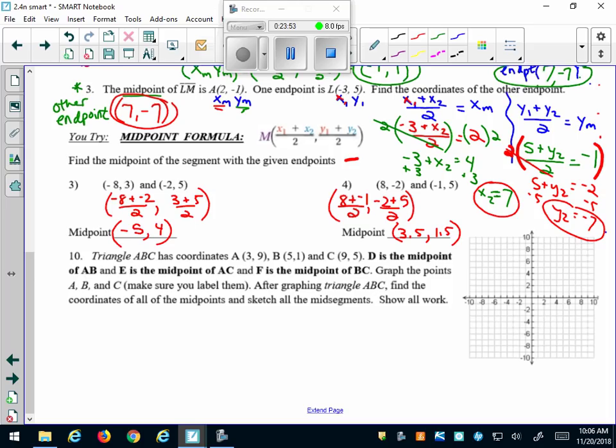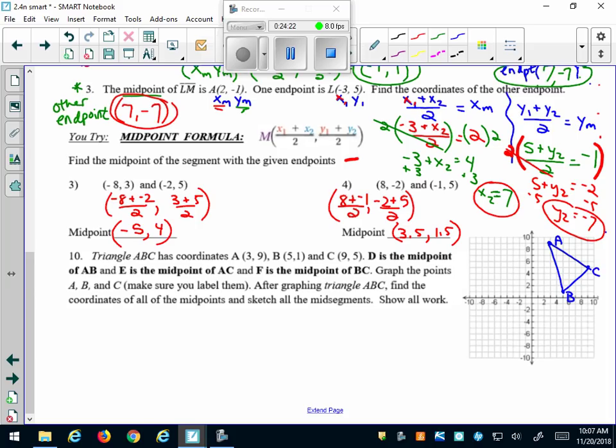We'll go to the right 3 and up 9, and that's point A. Point B is at the point 5, 1. We're going to go over 5, up 1, and that's point B. And point C is at 9, 5. So over 9, up 5, and that's point C. So we have this triangle on the coordinate plane now.